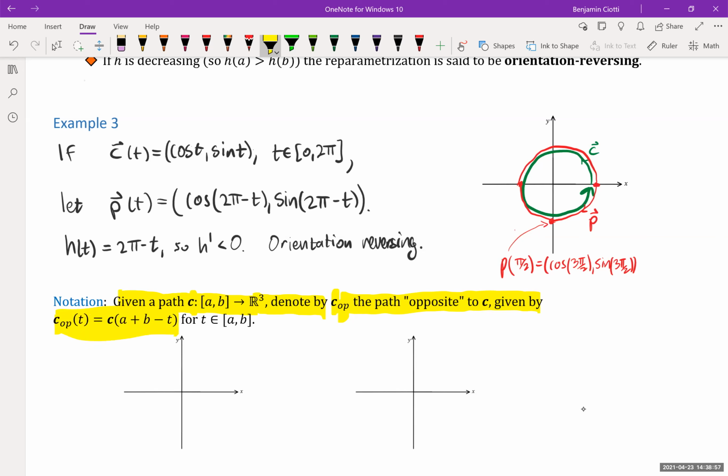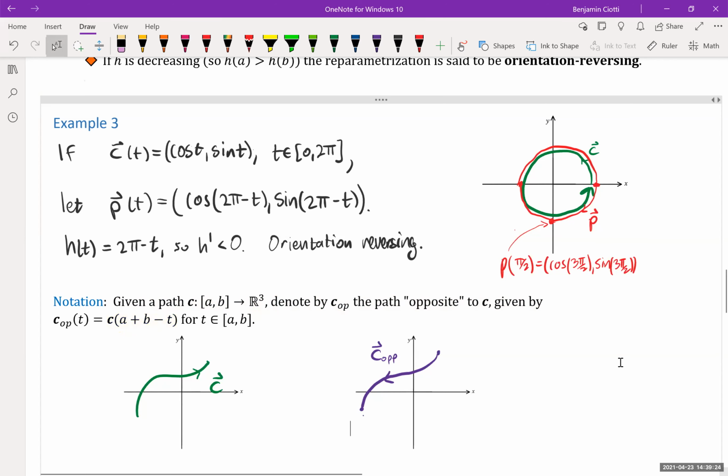And you could actually write a formula for it given by this formula right here. You don't have to worry too much about the formula, but basically the idea is if that's what C looks like, then that's what C op will look like.